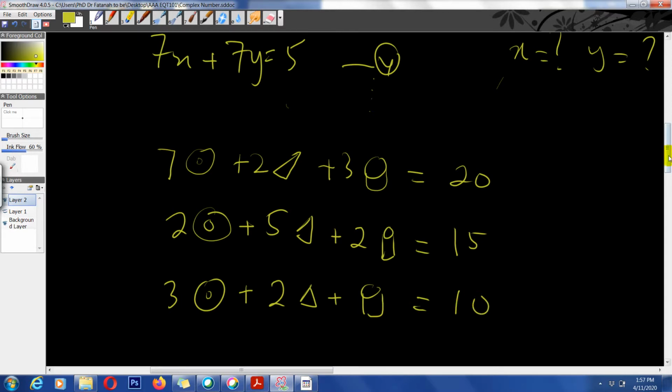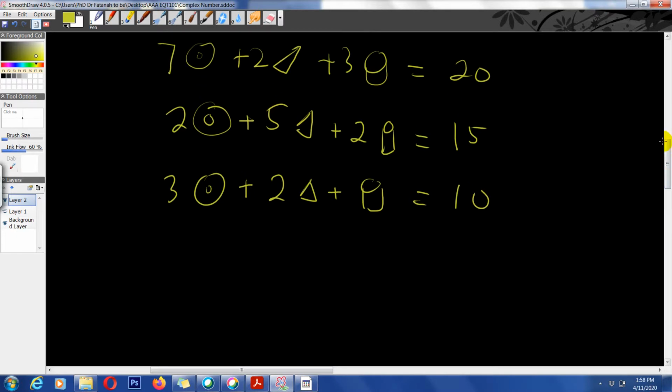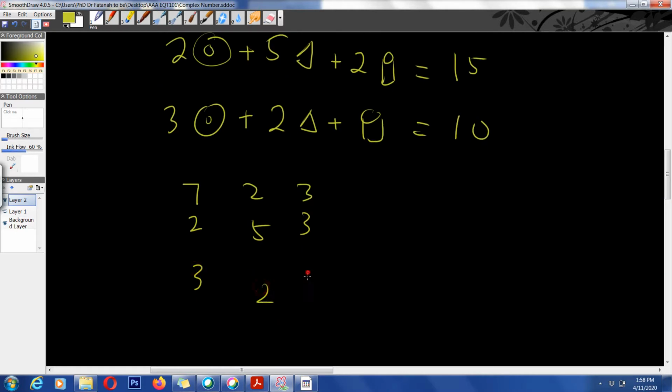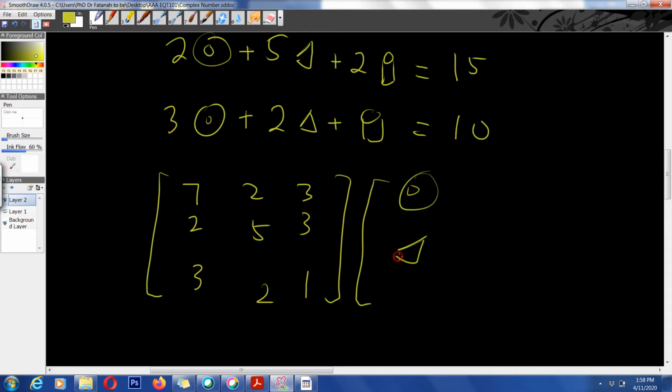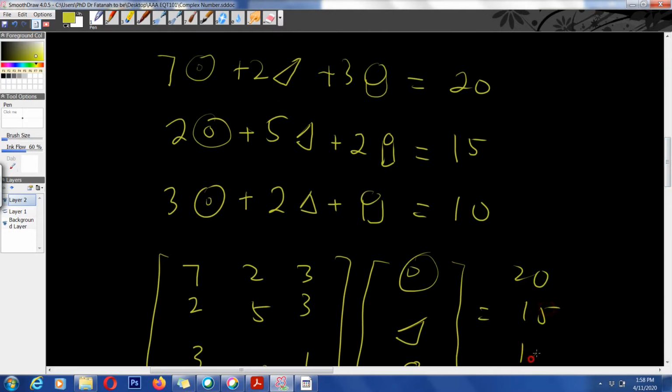Now, the restaurant owner wants to know the price of a donut, a cake, and a tea. If we use matrices, it is easy to calculate. We just take the coefficients, 3, 2, and 1, and then we have donut, cake, and tea, which equals 20 ringgit, 50 ringgit, and 10.